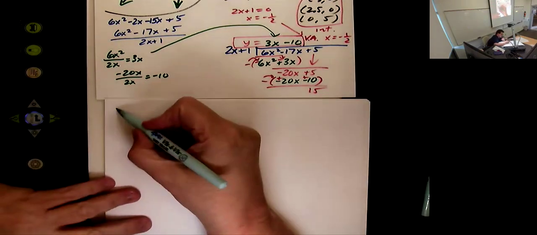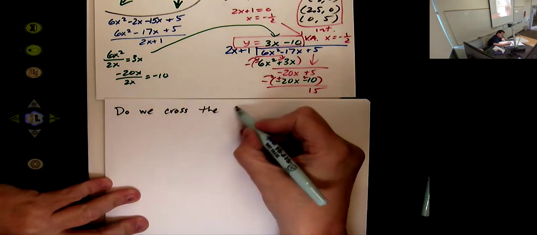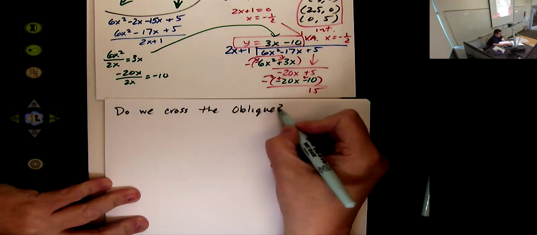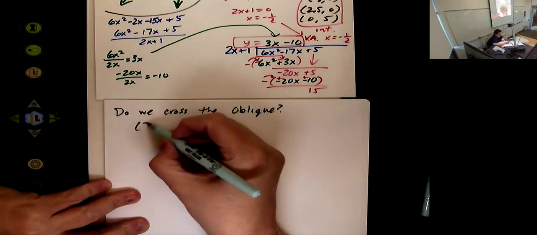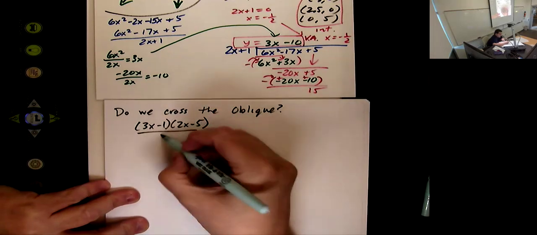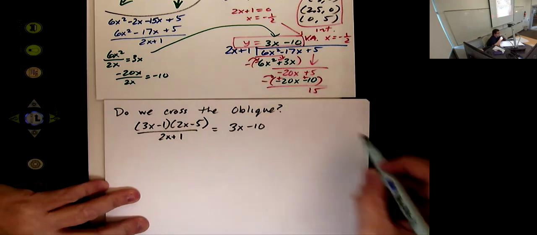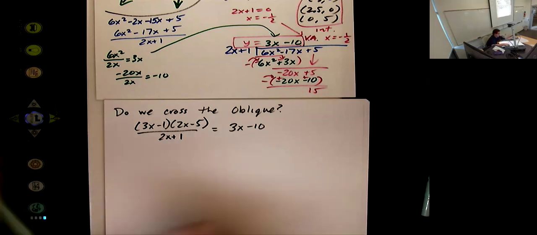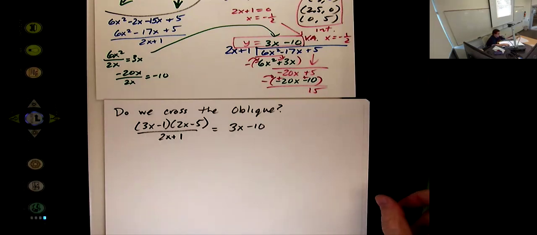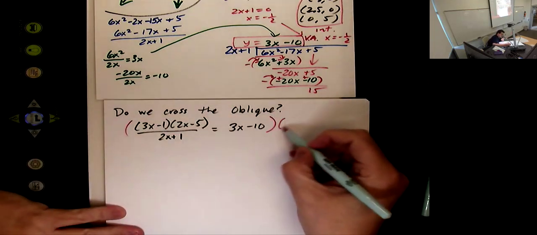Do we cross the oblique? Take your equation and set it equal to the oblique asymptote. So I'll multiply through by 2x plus 1.